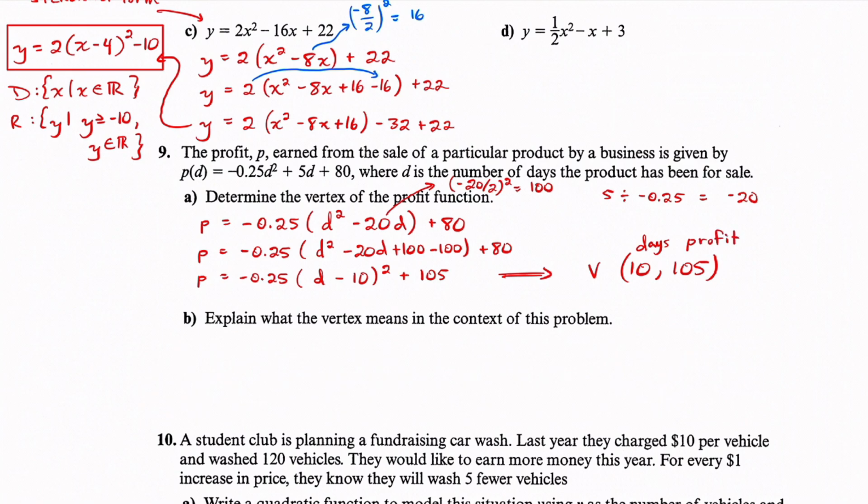So what this means is that after 10 days, we're going to have a profit of 105. That could be dollars, or it could be $105,000. We don't know. But this is at the vertex also, so that's going to be the max amount of profit. Okay, so let's write that down.